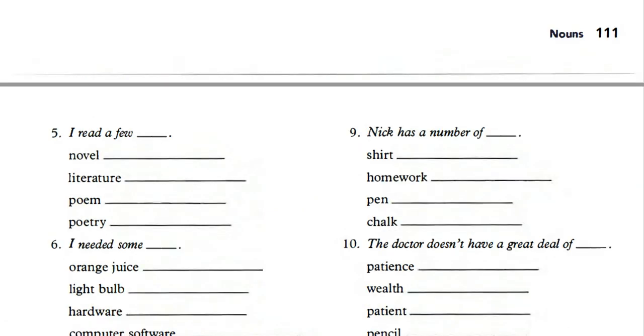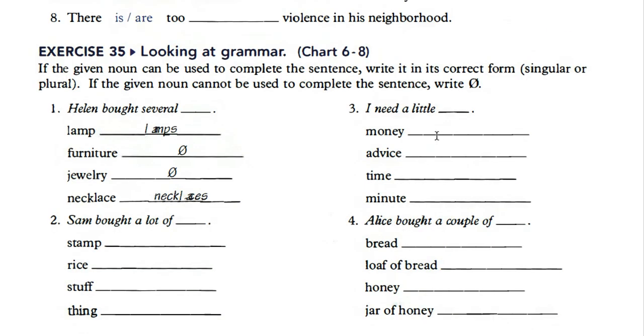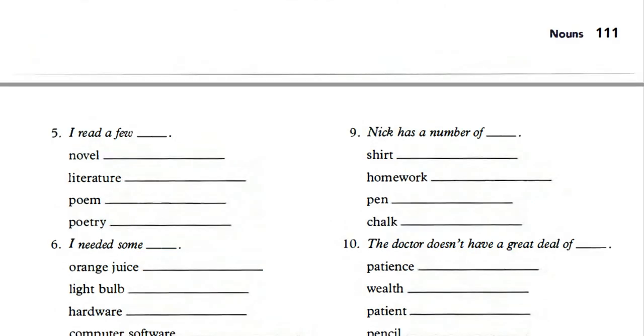If we look at example number 3, I need a little, we can say the first one, a little money. There is nothing to add, and I can say I need a little advice, I need a little time, and I need a little or some minutes. Here, it's not clear for it. Let's move to number 5.